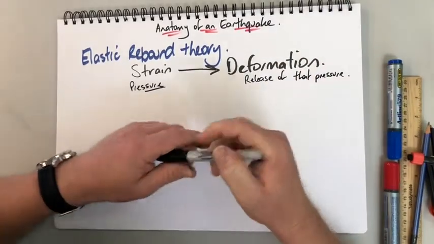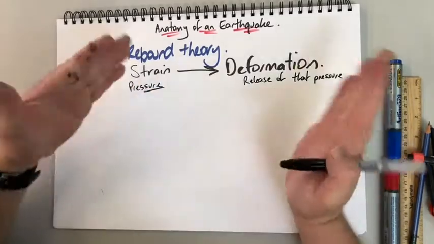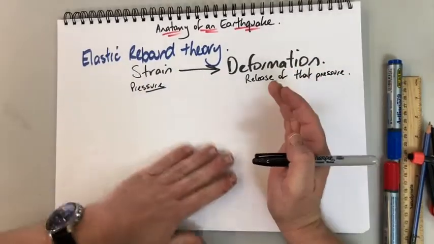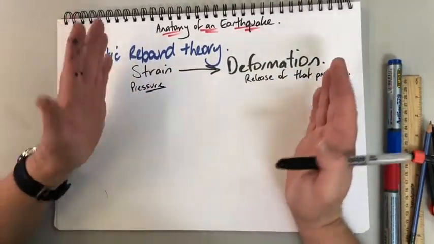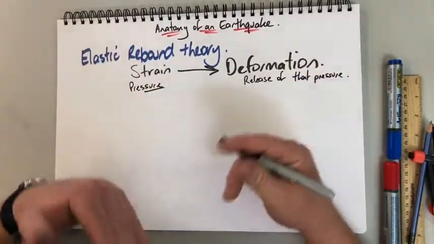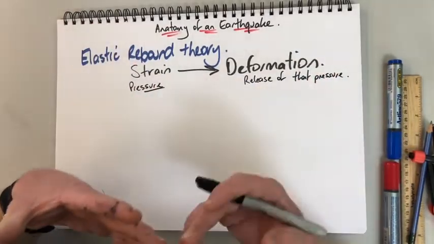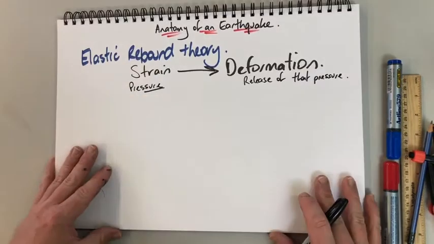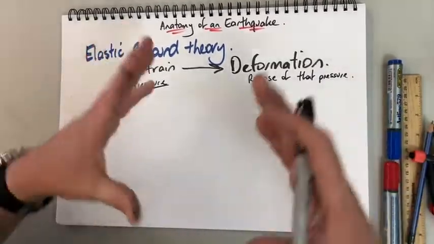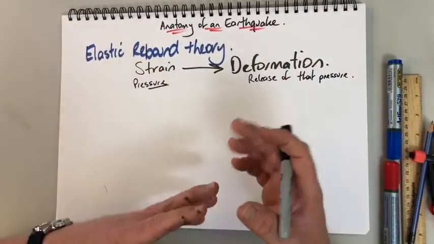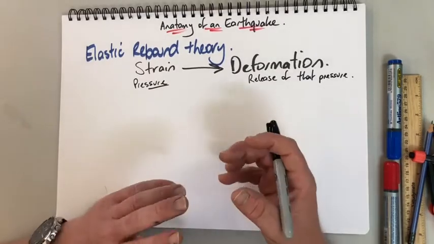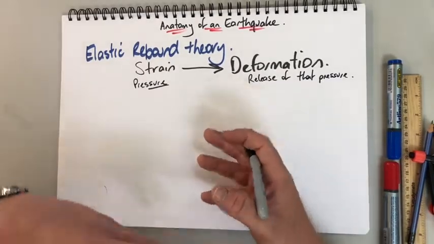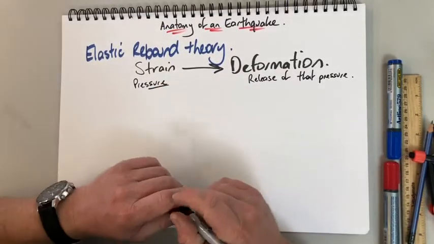Different landforms and different rocks will have a different resistance to strain, and that really depends upon the geology of that area. Some materials can move around very easily, and some other materials don't. They don't have the same strength in them.